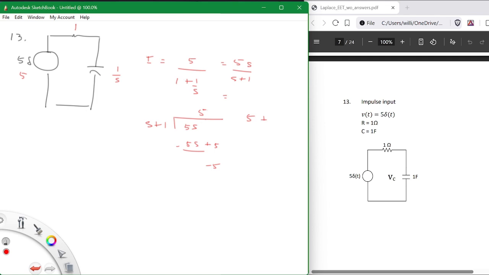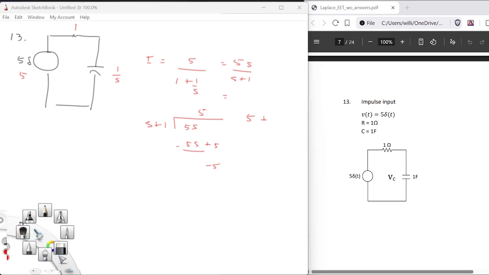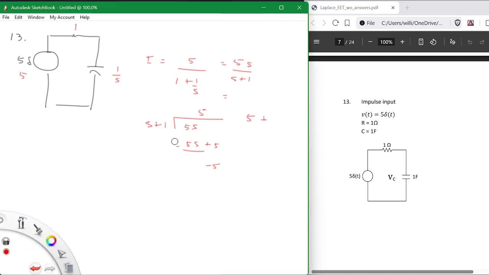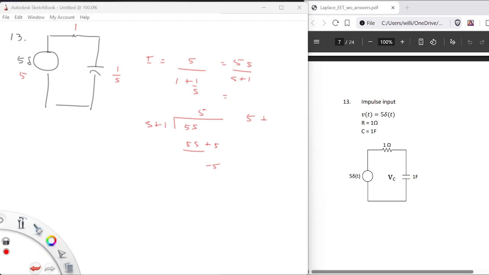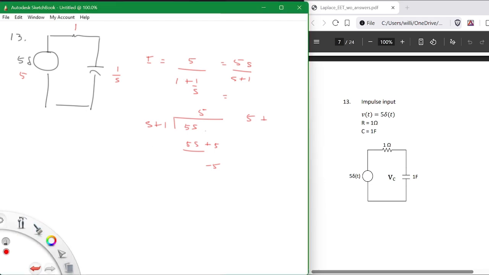So it's 5 there, so it's 5s. Yeah, so it's 5s plus 5. And then minus this, plus 0 up here, right? 0 minus a 5 is a minus 5. So it's a minus 5 over s plus 1. So what do you do to convert the 5?